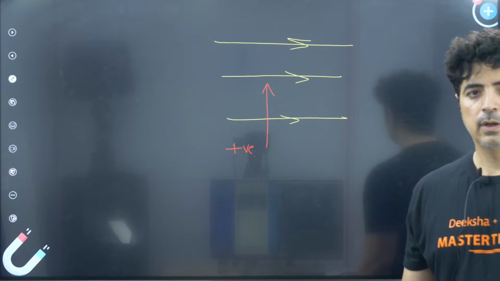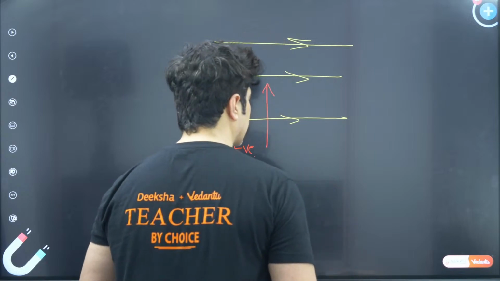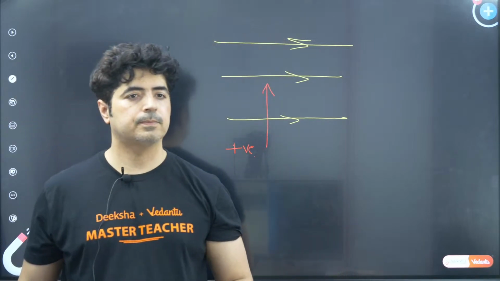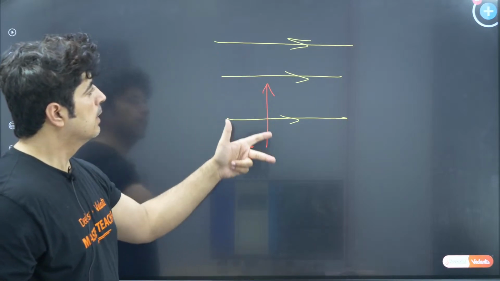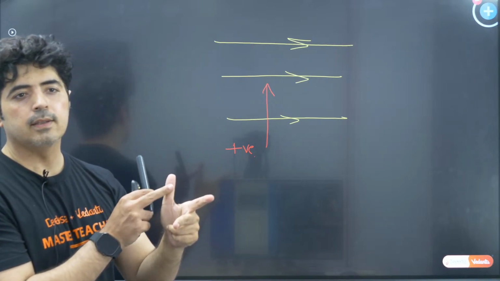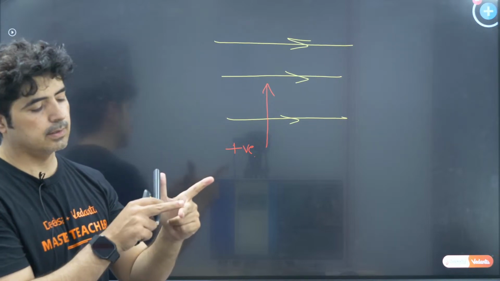So what will be the direction of force over here, guys? Let's see, shall we? Let's say you have your magnetic field. Force is given by the thumb. Magnetic field, index finger.